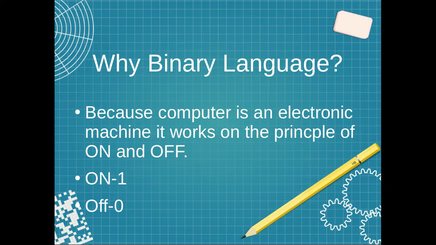And all the electronic machines work on a very basic principle, that is switching on and switching off. So here in computer, on is represented by 1 and off is represented by 0. That is the reason computer understands the binary language, that is zeros and ones.